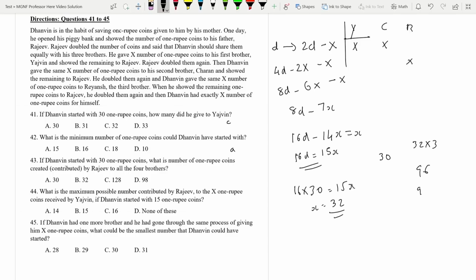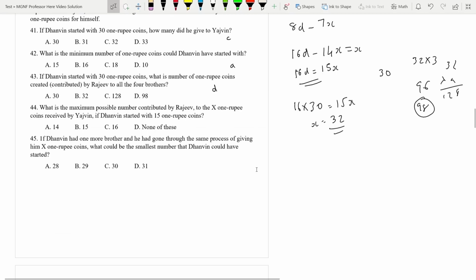So 98. He started only with 30. And in the end, he has to give additional 98 coins. So a total of 32 into 4, 128. So in that only 30 is his coins. So that means Rajiv has to give 98 coins to meet the requirement. So option D is the answer.